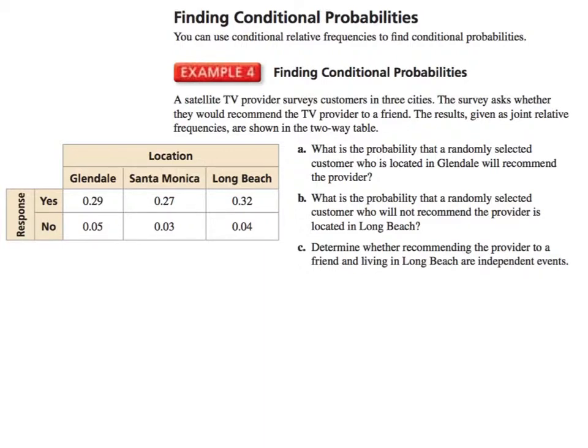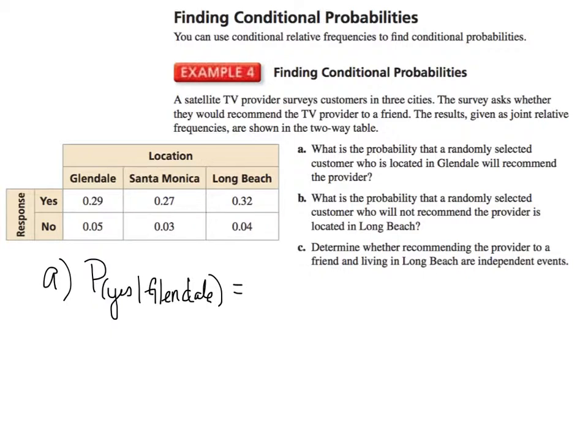So A, what is the probability that a randomly selected customer who is located in Glendale will recommend the provider? So what do we want? We don't just want yes. We want the probability of yes, given that they are from Glendale.